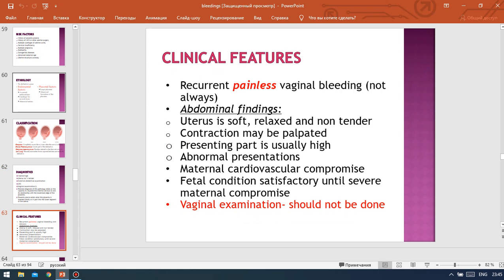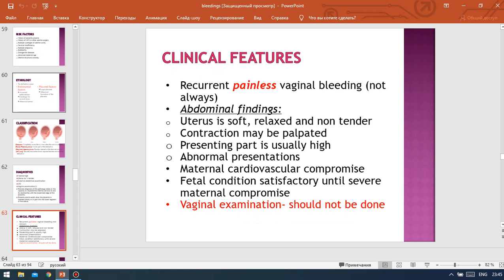Abdominal findings: first, the uterus is soft, relaxed, and non-tender. Contractions may be palpated. The presenting part is usually high, and very often there is abnormal presentation, transverse or oblique lie of the fetus, or breech presentation. Maternal cardiovascular compromise; fetal condition satisfactory until severe maternal compromise.